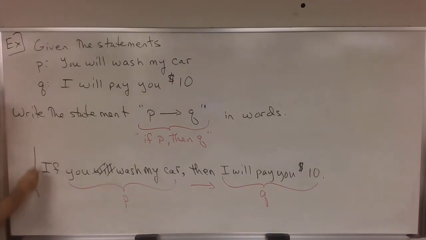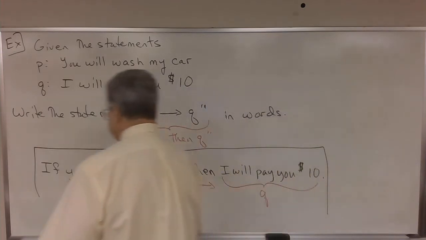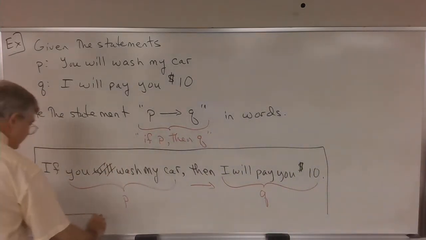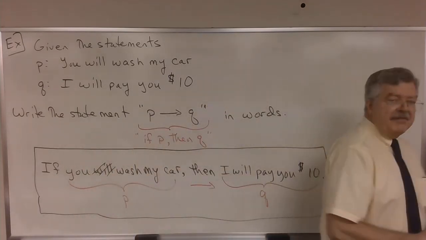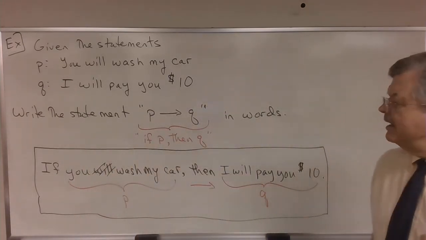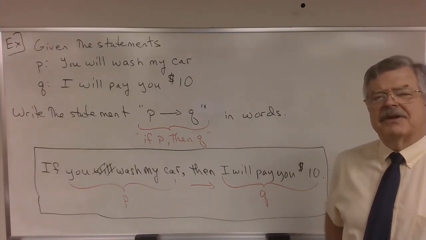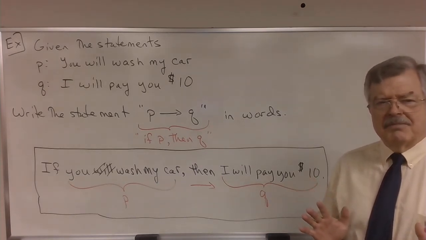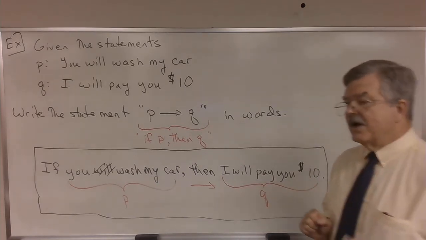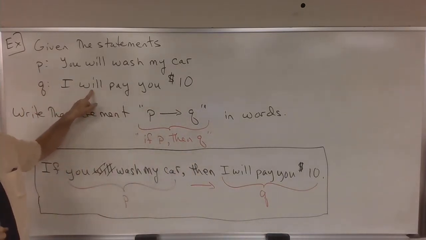And it brings up a good point. And that point is this. When we're joining simple statements together with connectives, we have a certain liberty of how we treat forms of the verb to be.